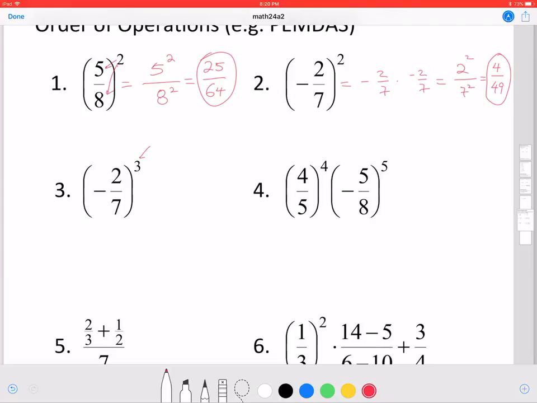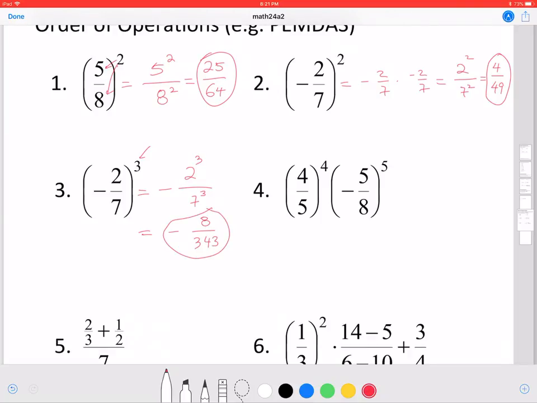And if you multiply negative times a negative times a negative, you end up with a negative. So here the answer will be simply a negative of 2 cubed over 7 cubed. And that will turn out to be negative 2 cubed is 8. 7 cubed is 343. So that will be the answer.